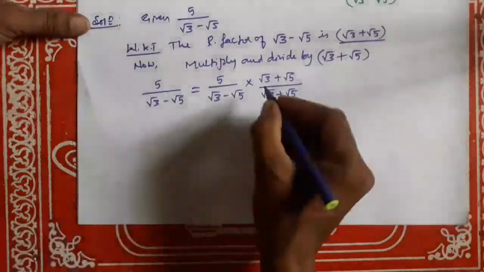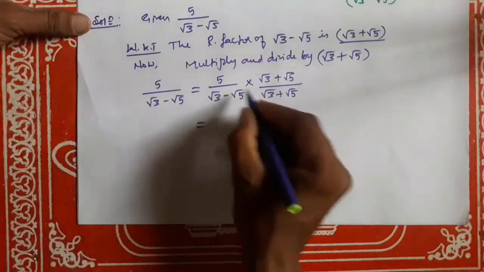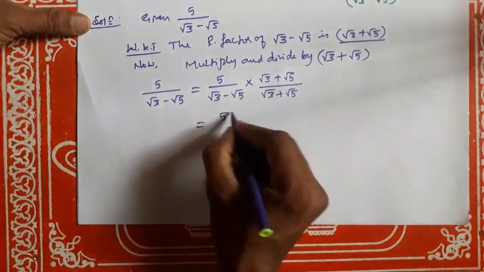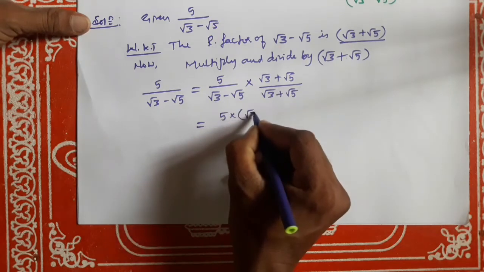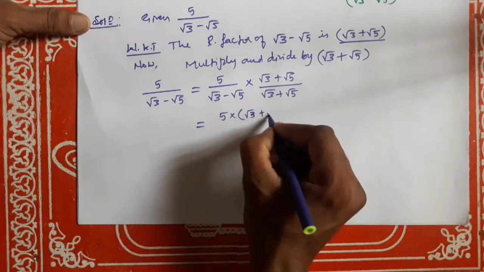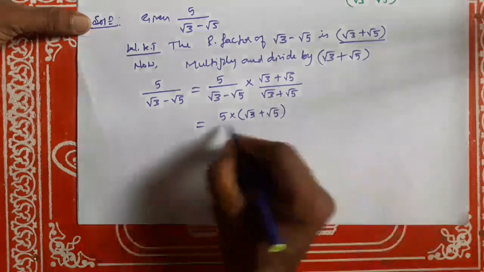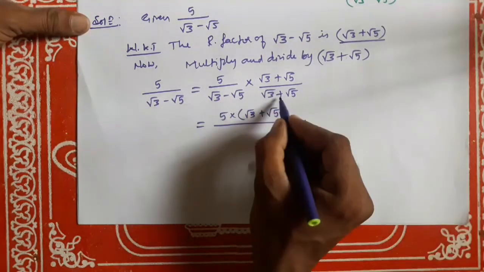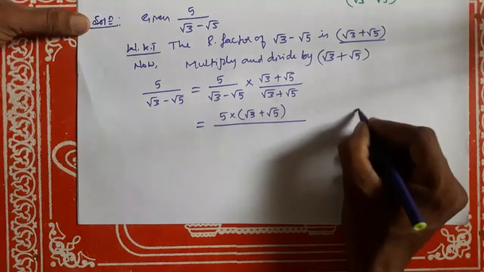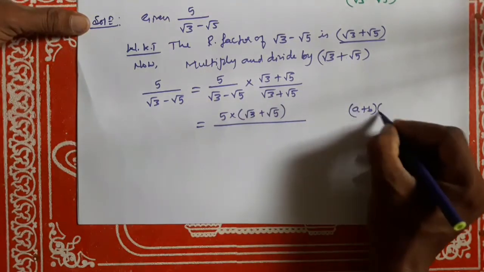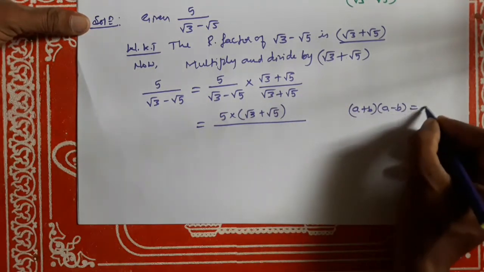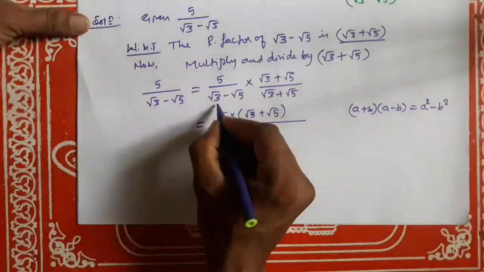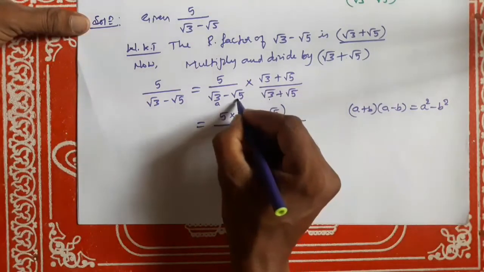Let us see now. It is equal to 5 into bracket root 3 plus root 5, as it is, divided by the denominator, which is in the form of a plus b into a minus b. A plus b into a minus b is equal to a square minus b square. This is a and this is b.